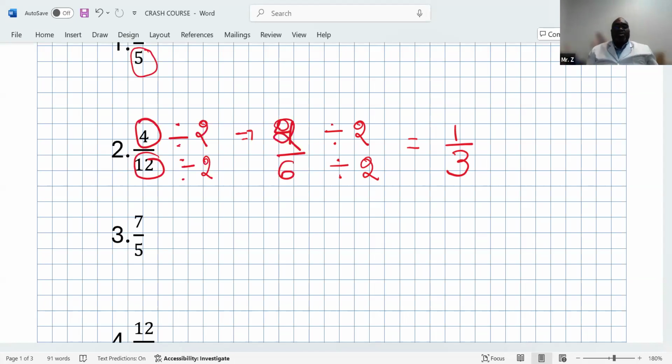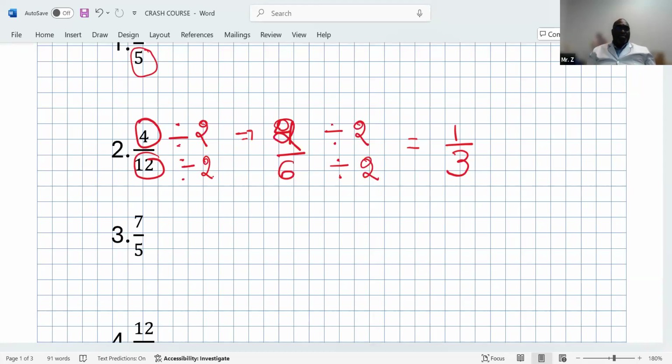For those that have been in school for a few years, you may think it's much easier. But for someone that has been out of school for a long time, it may be hard just to know, okay, I can divide 4 by 4, I can divide 12 by 4. In case you have no idea, you can always start by dividing by 2 if both can be divided by 2, and keep going until you get to the last fraction where you can no longer divide it.